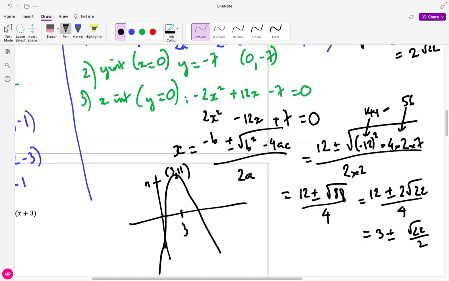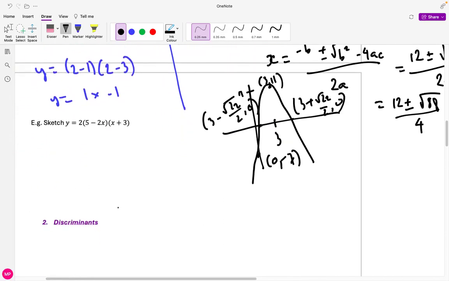With the x here, that's the x-intercept here, and the other x-intercept here. So I label (0, -7). And this one I label (3 plus root 22 over 2, 0). And the other one is (3 minus root 22 over 2, 0).